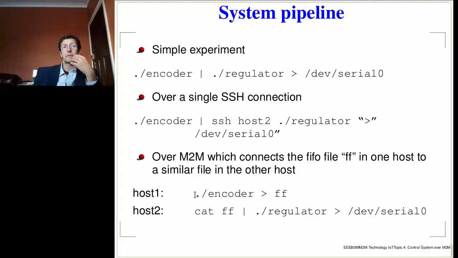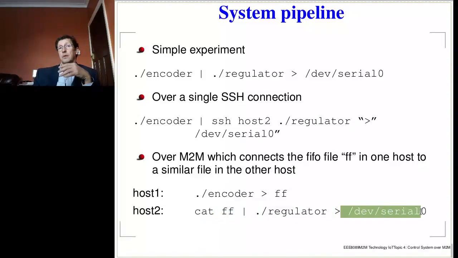So here the encoder reads data from, of course, the sensor and puts it into the FIFO file in one machine. In the other machine, the process cat reads the data from a pipeline in a different machine and puts it into the regulator and then eventually into the driver board.